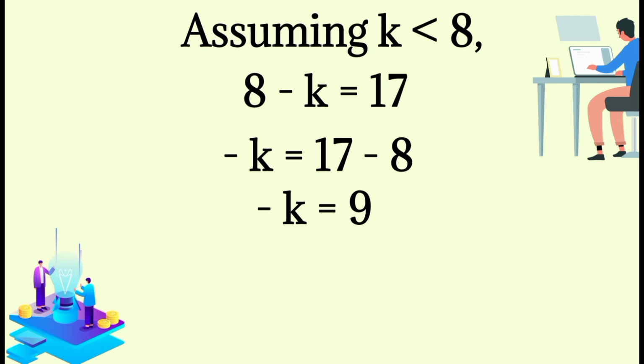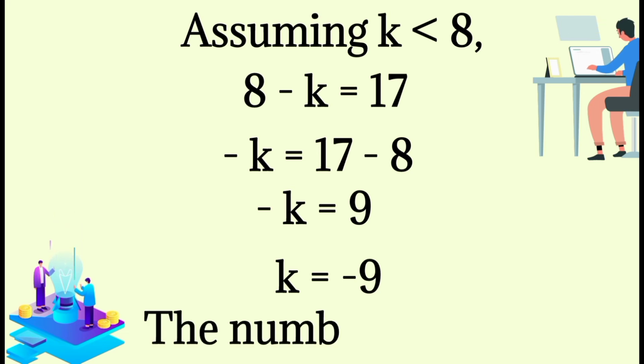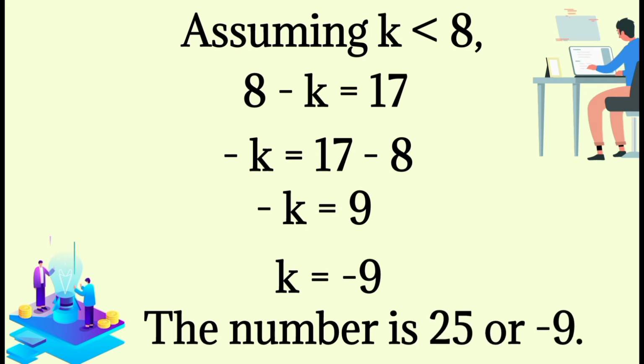So 17 minus 8 will give us 9. So minus k is equal to 9. If we divide both sides by minus 1, that makes our k equal to minus 9. So it means that the two possible values for the number will be 25 or minus 9.